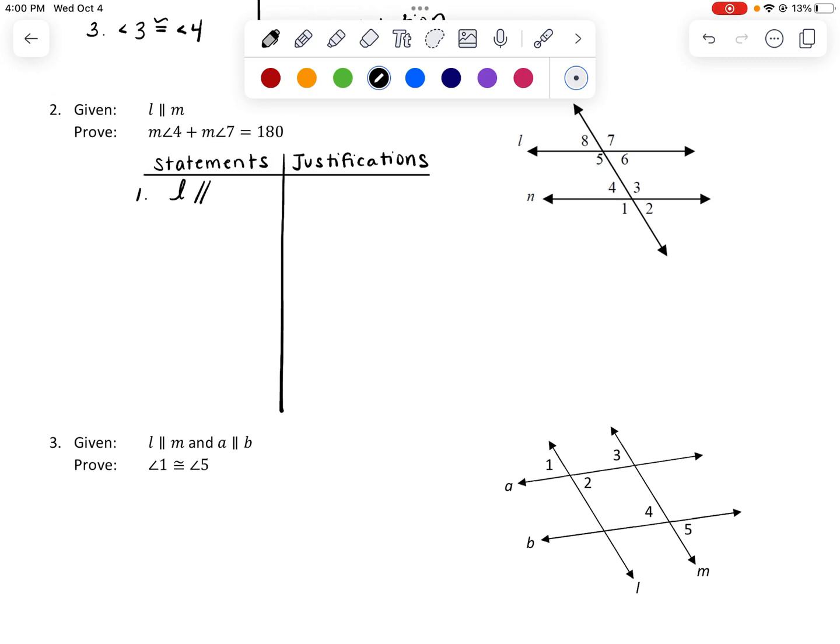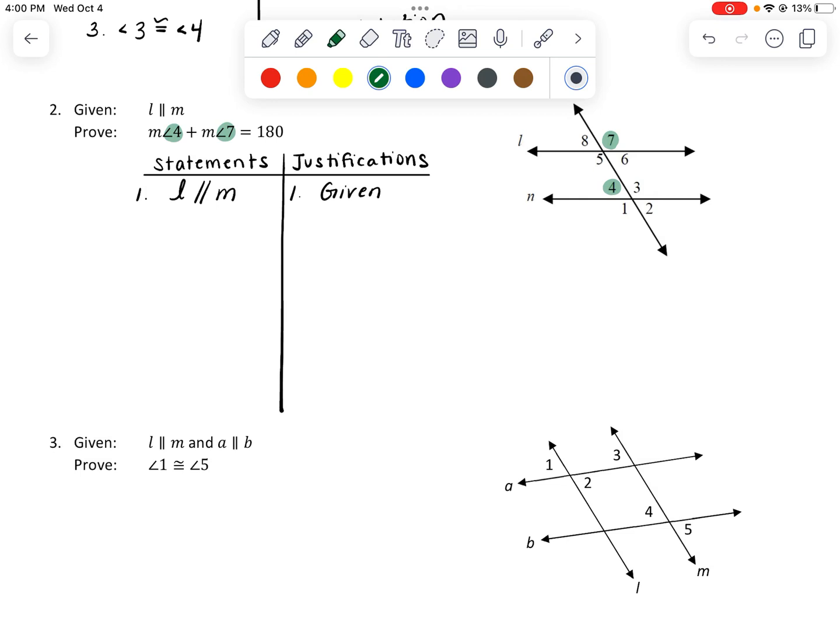L is parallel to M. And then I'm going to highlight what I'm proving. So 4 plus 7 have to equal 180. So 4 and 7, somehow I need to get those to equal 180.